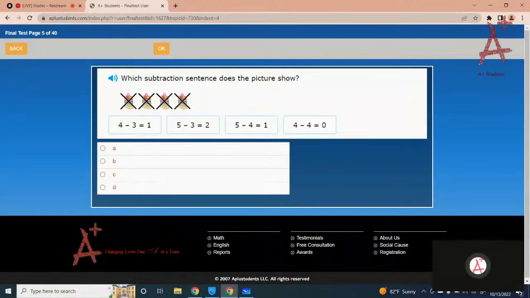So that means 4 take away 4 equals 0. Option D is the correct one. Select the correct option and click on the OK button. Got it?